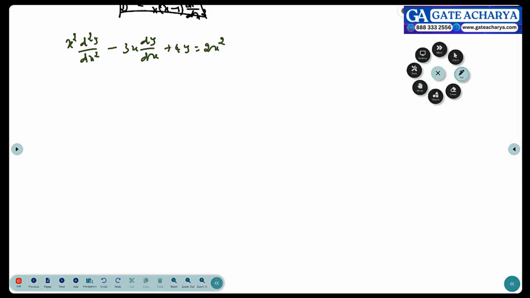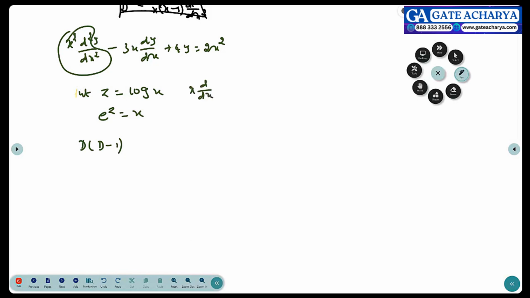So immediately we write put z equal to log x and e power z is x. So how can I write this? X square d square by dx square is D into D minus 1. Because in this case, x d by dx is capital D and x square d square by dx square is D into D minus 1.